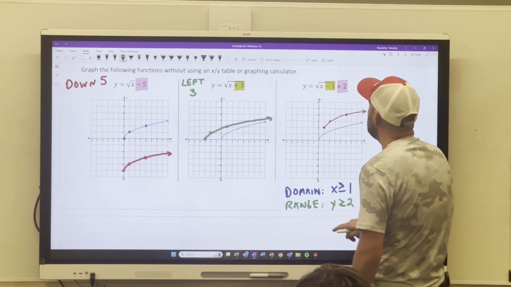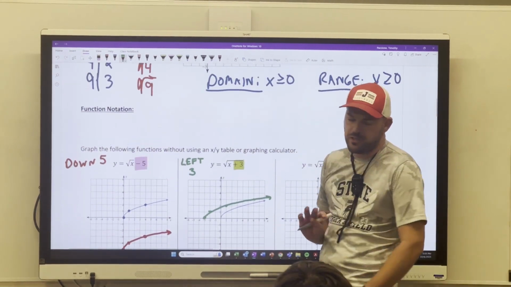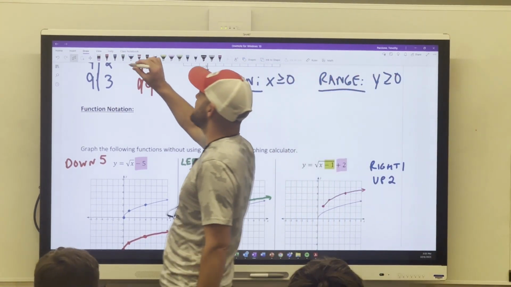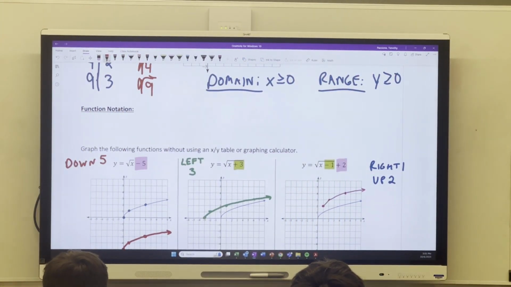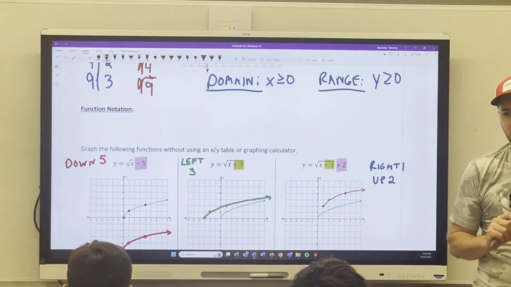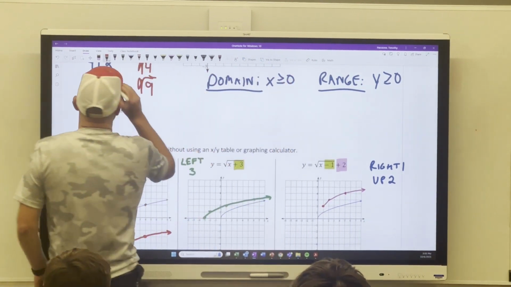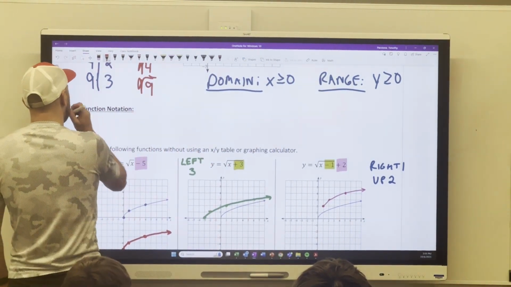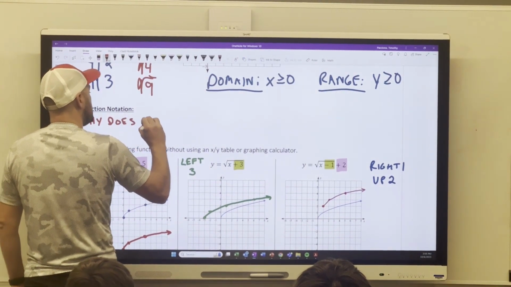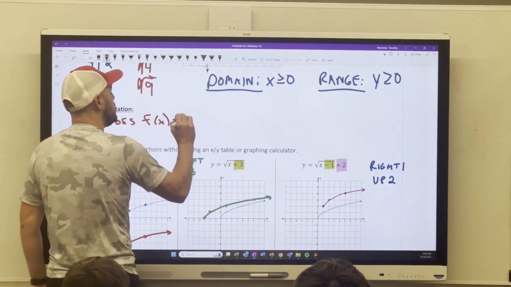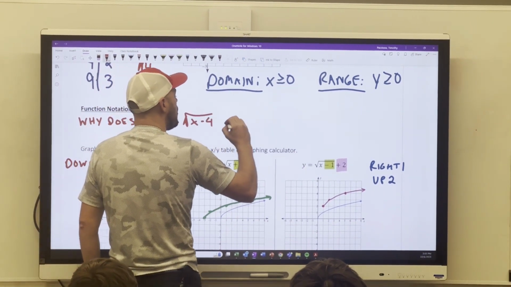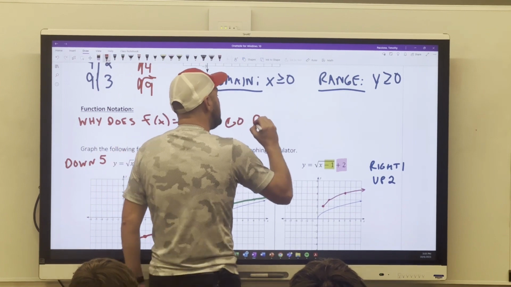All right, moving to the back up here. So function notation. I just want to explain something that was a little confusing yesterday, partly because I got a question that I was like, gotta think about that. I tried to explain it. I'm gonna try it again, okay? The question is, why does f of x equals the square root of x minus, let's say 4, go right?